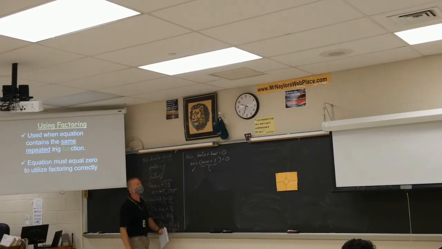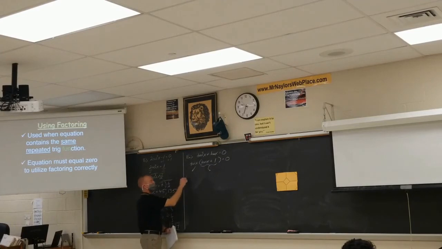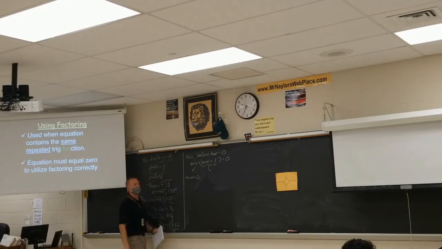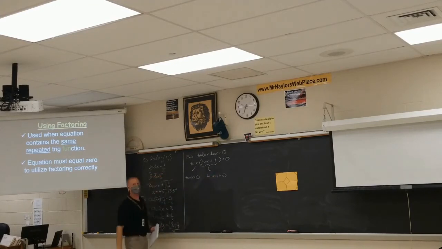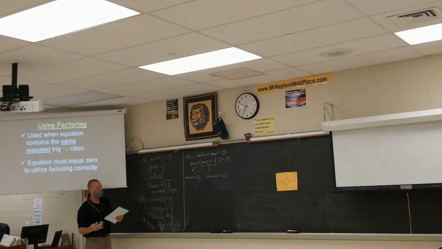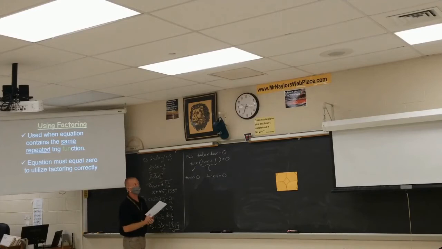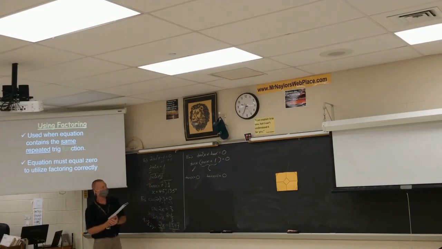Then each one of these factors itself is equal to 0. It's like asking what's going to make tangent equal 0, and what's going to make tangent plus 1 equal 0. This is the factoring strategy where you make each factor equal 0. Now you've got two problems to solve, but they're usually pretty easy because they involve 0.